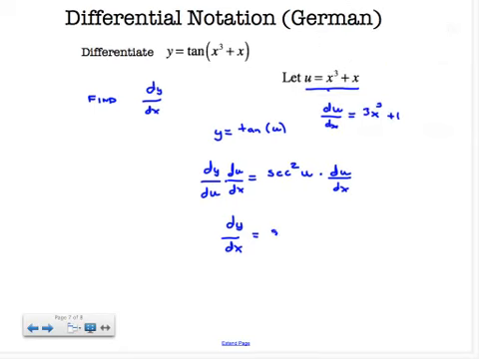And so my final answer here would be secant squared, replace my u, which was x cubed plus x, times 3x squared plus 1. This should have been a squared up here. There we go. So this is the differential notation that you're going to get used to. It says that if you have dy over du times du over dx, that becomes dy dx. That's another way to present the chain rule.